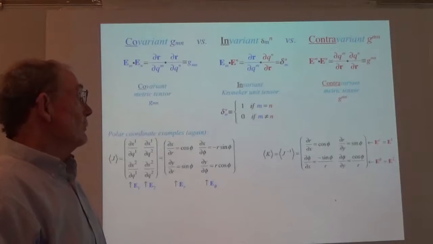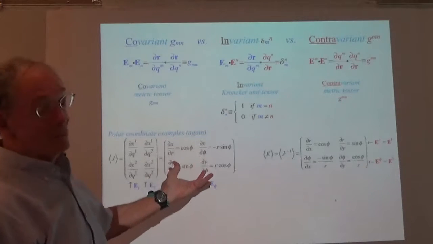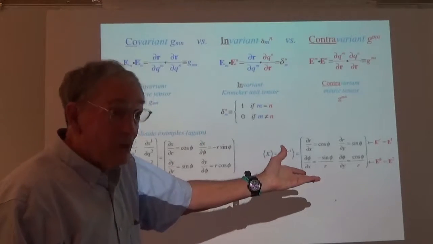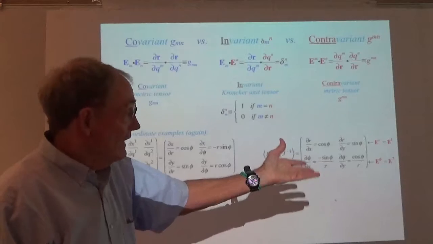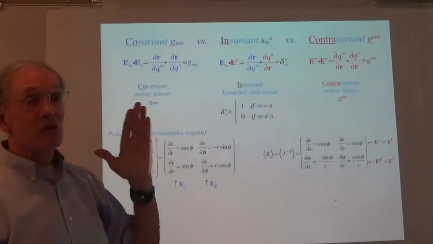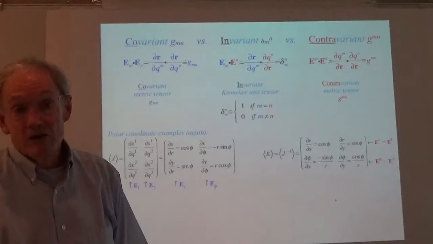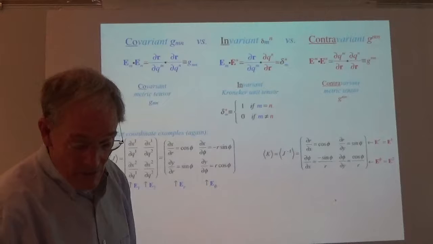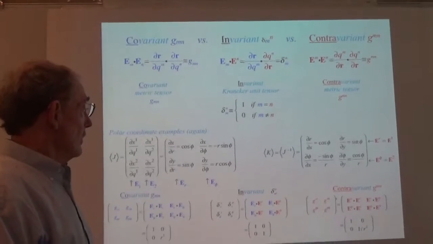So you see, what you do in a mechanics problem is the first thing you do is get the Jacobian or the Kajobian, whichever is more convenient. And then whatever that is, you take the inverse of that to get the other one, right? Then you have those vectors, and those vectors are going to play the role of all kinds of things. And you have ways to check them as you go, okay?